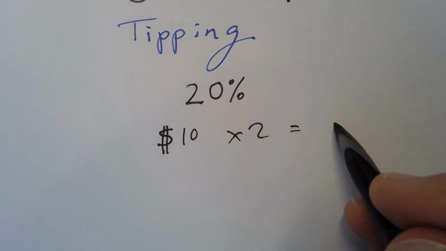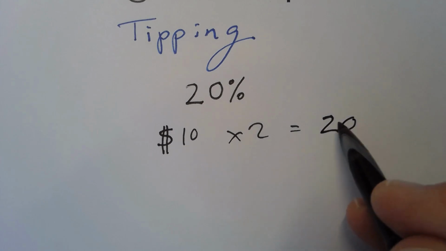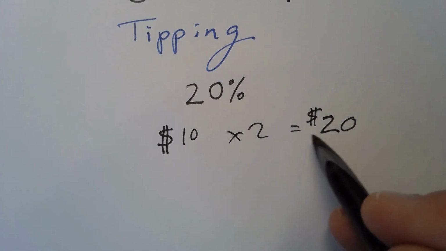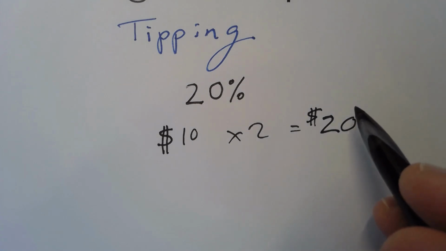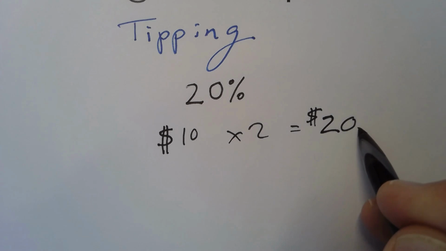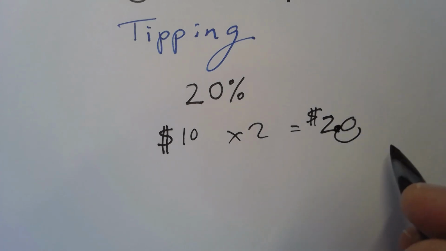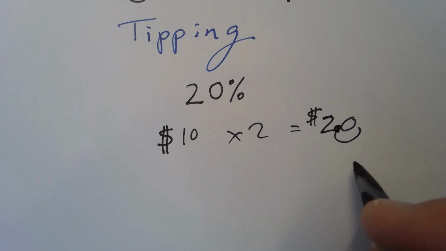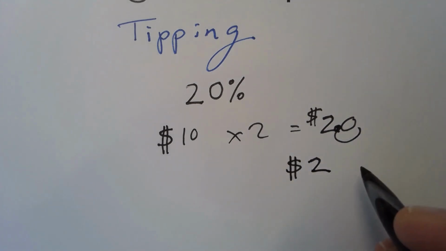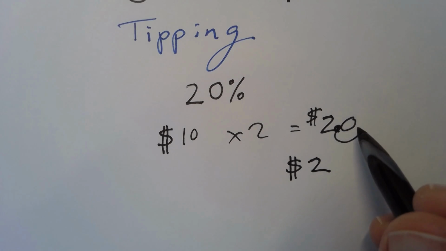So if I multiply 10 by 2, that gives me $20, which of course I know a $20 tip on a $10 bill would be quite impressive, and maybe somebody does deserve that. But really, we're going to move the decimal place one place, and a 20% tip on a $10 bill would be $2. And that's a quick and easy way to do it.